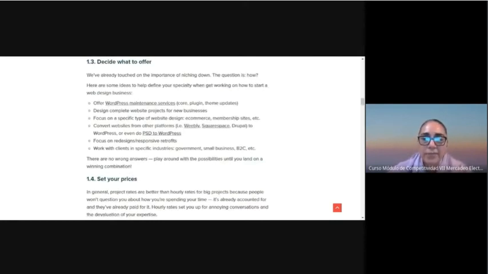You can design a complete website project for a new business. Also, you can make money advising and building web pages or platforms for other companies. You can focus on redesigning and retrofits.